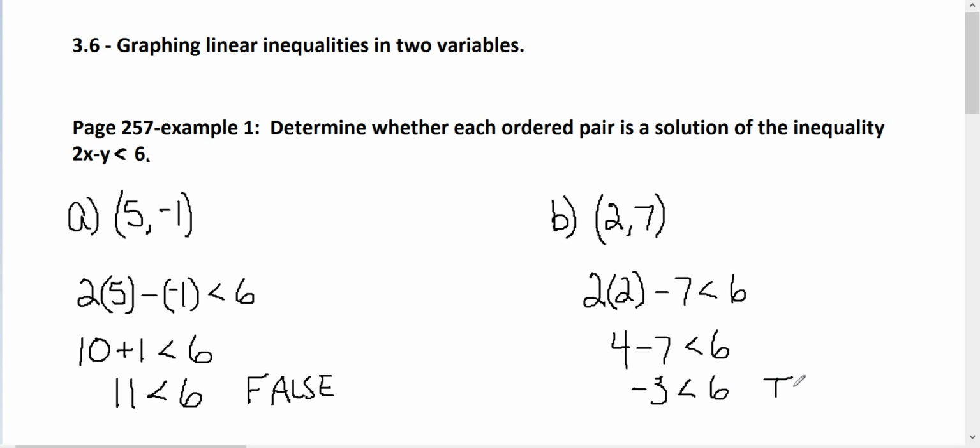This is true. Don't be fooled looking for one number versus another. It can be something that resonates as true, and that's what we're looking for here. And it definitely is. Negative 3 is less than 6. Okay, next problem.